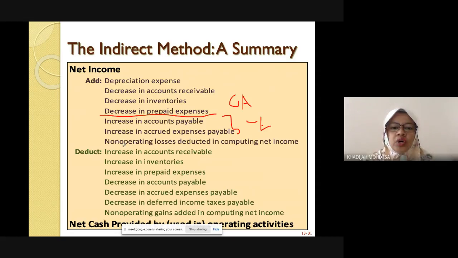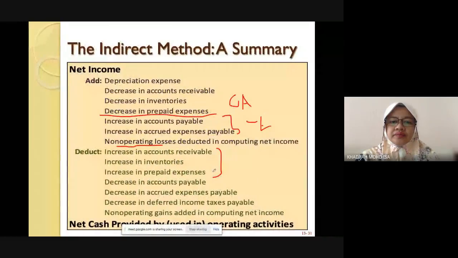And then you have non-operating items. Non-operating losses, you have to add back also. For example, loss on disposal, so you add back. But what you minus is the current asset: whenever there's an increase in your current asset, you deduct. So how do you get that?